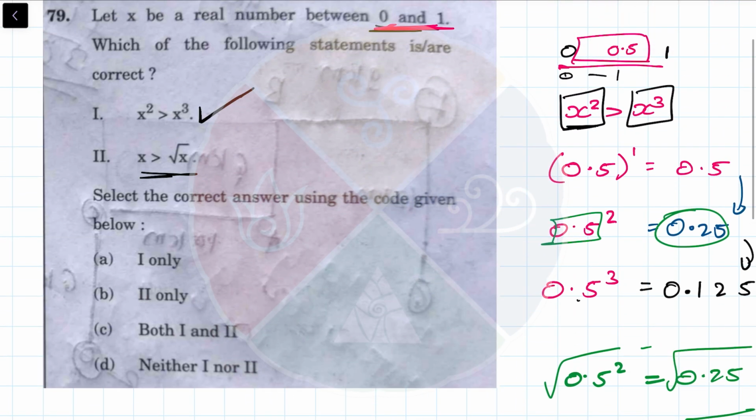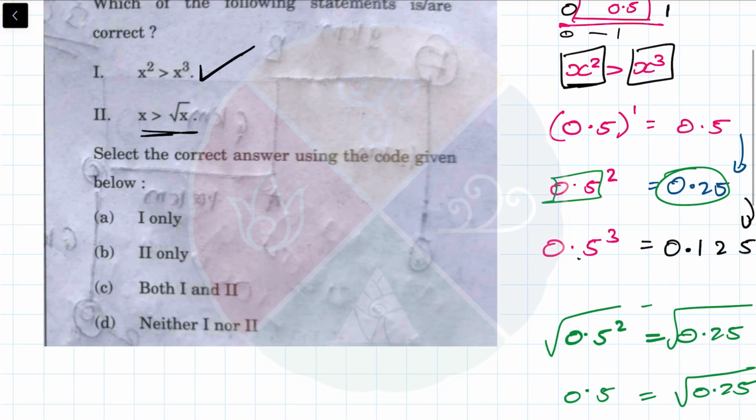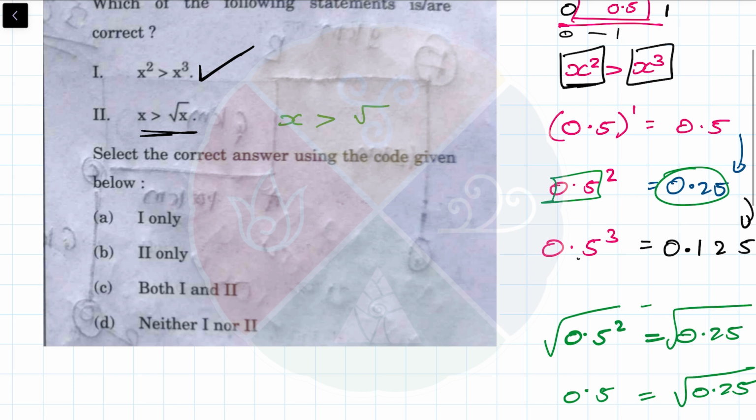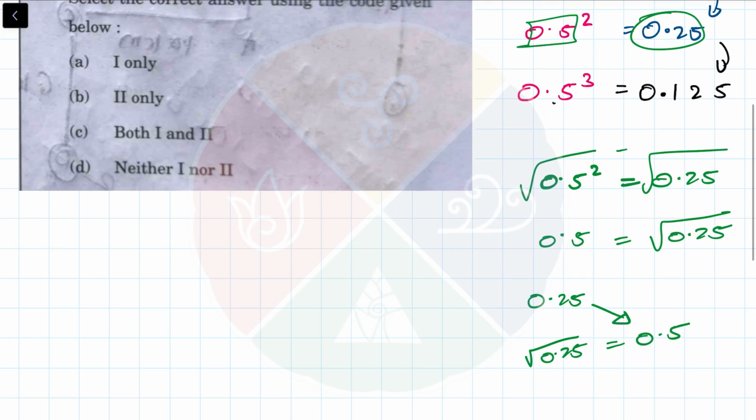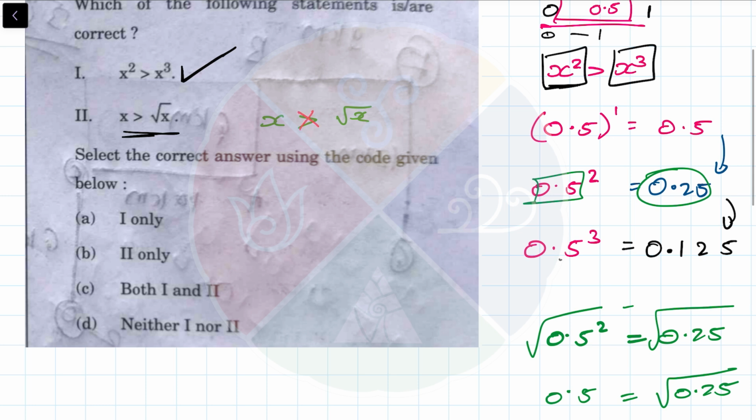So in the same group, 0.25 is there, and when I take its square root, I get 0.5. The number actually increased, right? According to the question, x is greater than root x, so root x should be smaller. But is that happening? No, the root of this value is actually bigger than the original value. So this is wrong. It should have been x is less than root x.